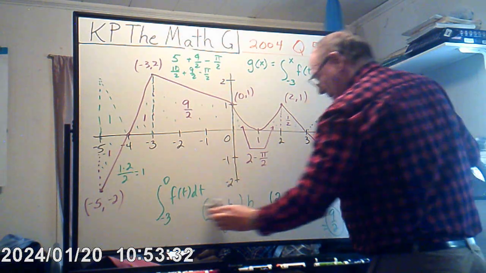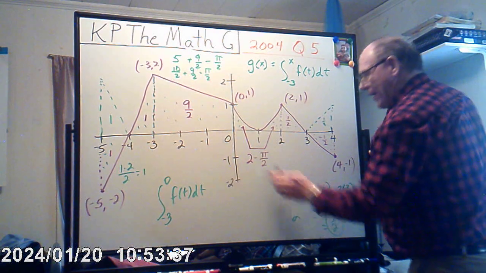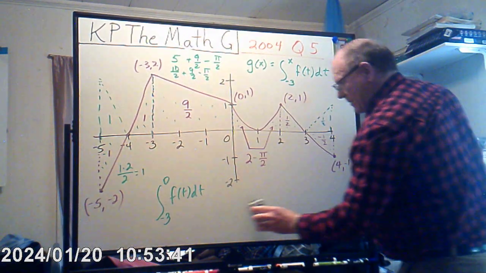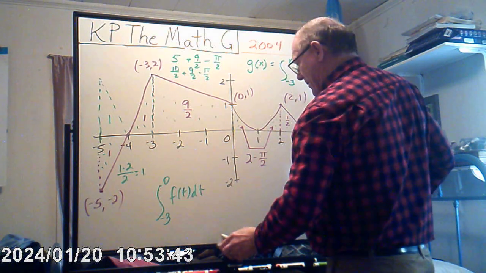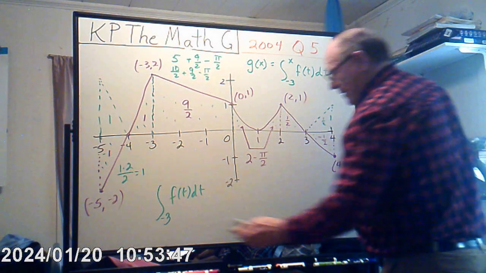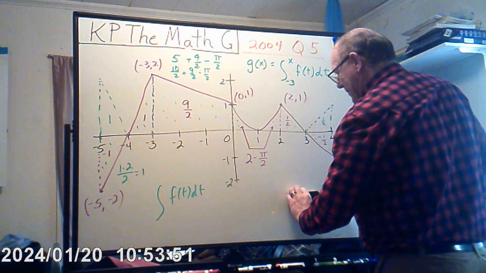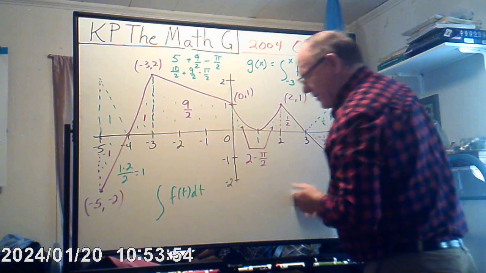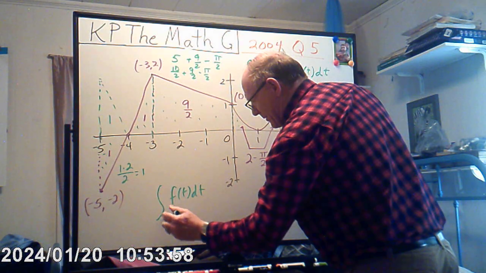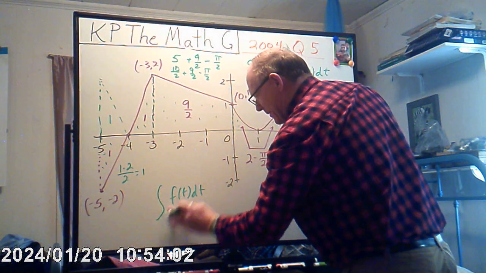Let's find out what this area is. That's an interesting one, so I'm going to show you how to do that. We're going to go from 0 to 2. We want to figure out the area from 0 to 2, not from 2 to 0.